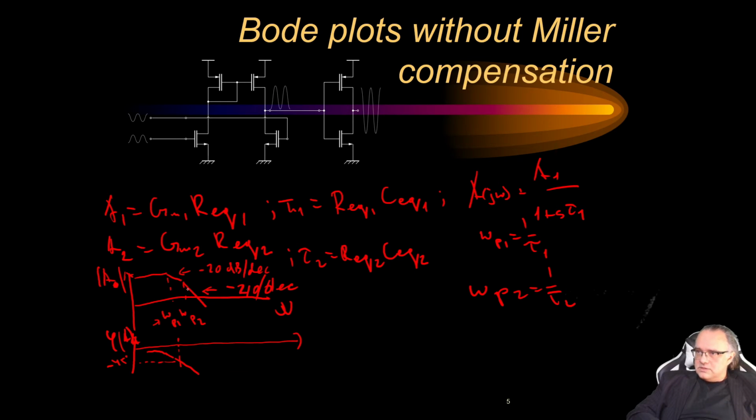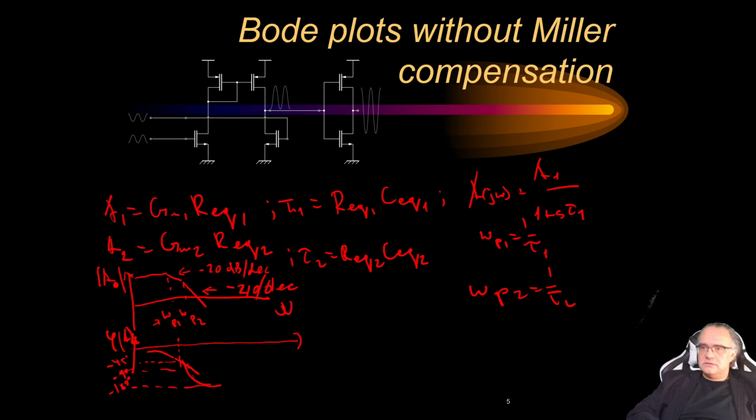But now you see that the second pole will also rotate, so it will add to the phase rotation further, and there is a risk. Here we complete minus 90 degrees and then minus 180 degrees, and there is a risk that the two poles will get very close to minus 180 degrees.